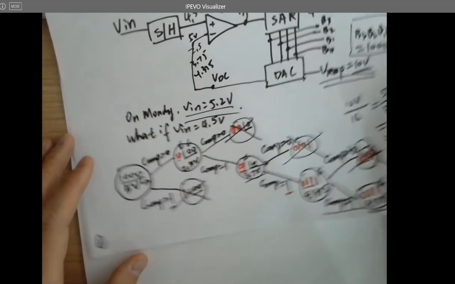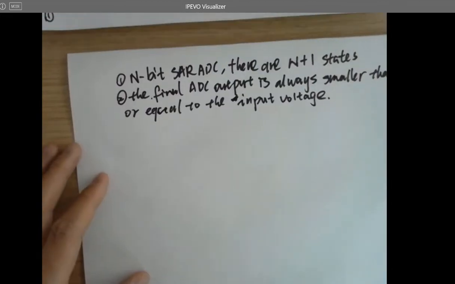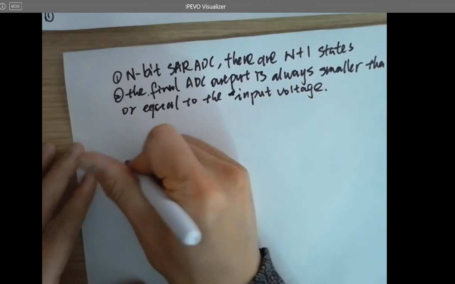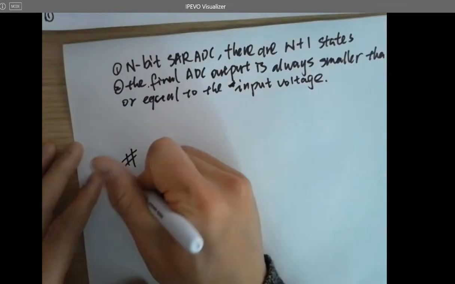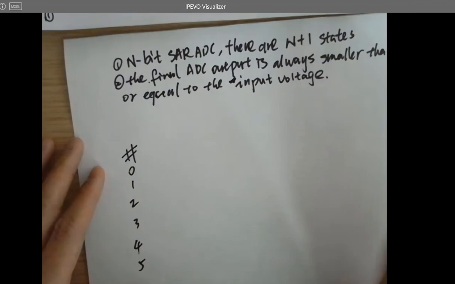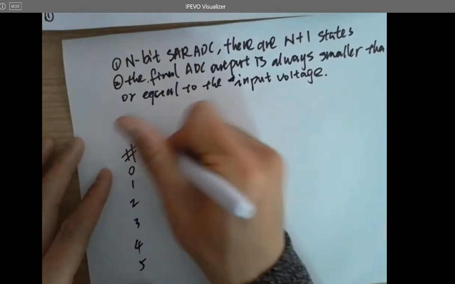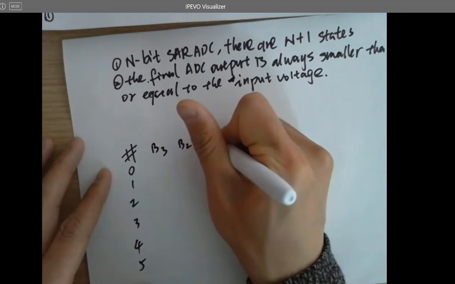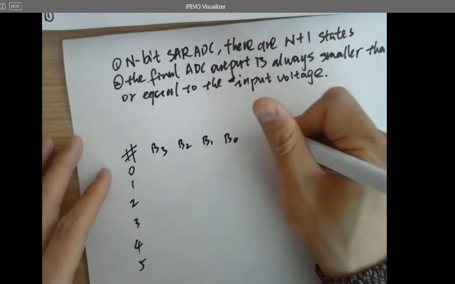All right, so let's summarize everything into a table. So for example, here's the number of the cycles: 0, 1, 2, 3, 4, 5, and these are the bits. And here's comp.